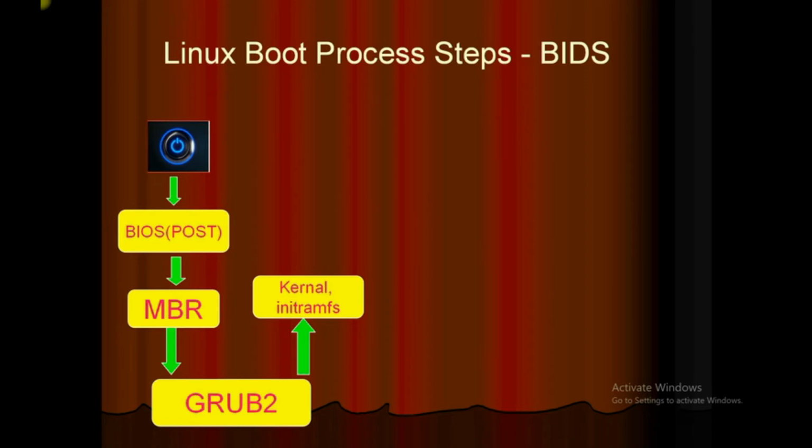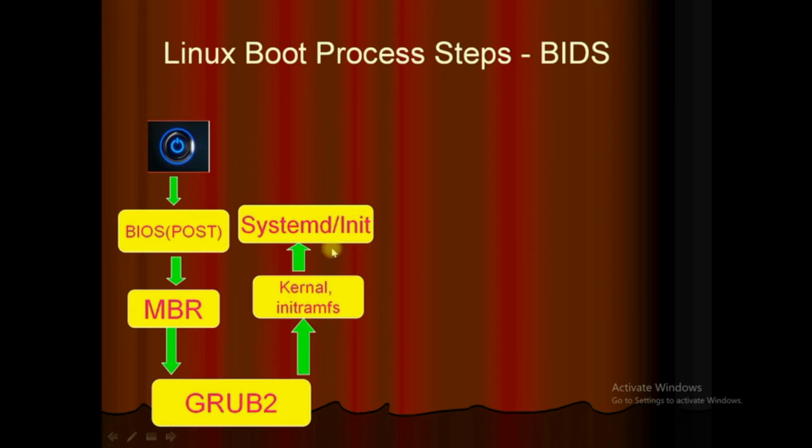After initializing the hardware, it will run the command called sbin init. After running the sbin init command, this is the first process where init is executed, and it's denoted by 1. You can check inside the processes that the process ID for init will be 1.